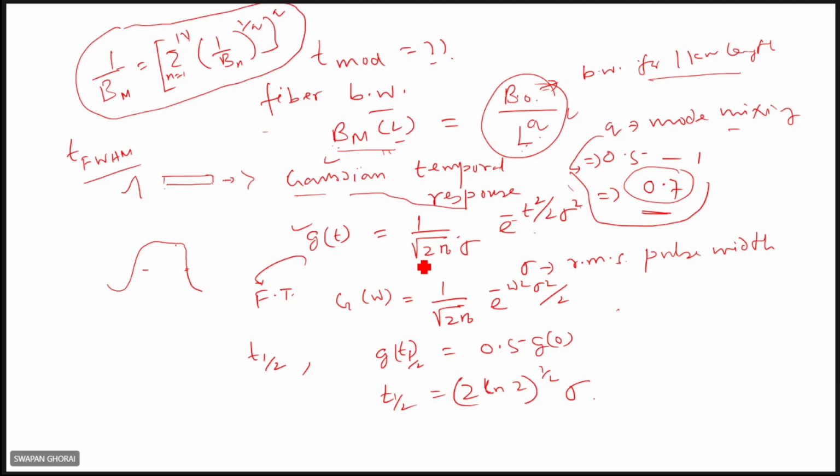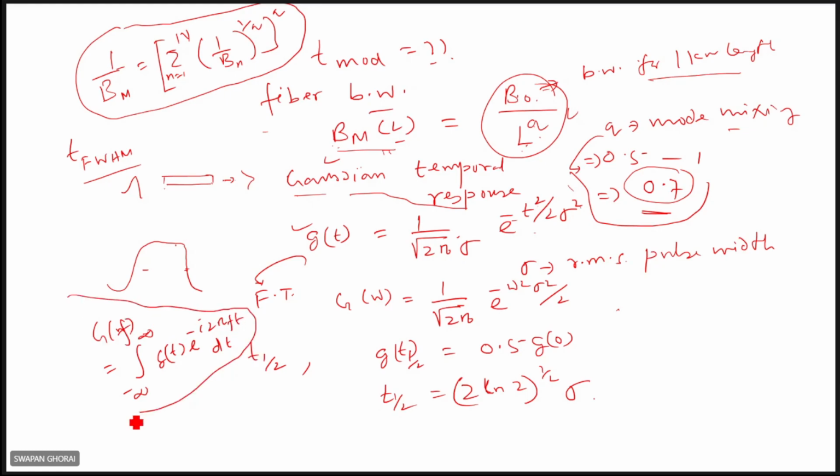By definition, the Fourier transform is the integral from minus infinity to plus infinity of g(t) e to the power minus i 2 pi f t dt.